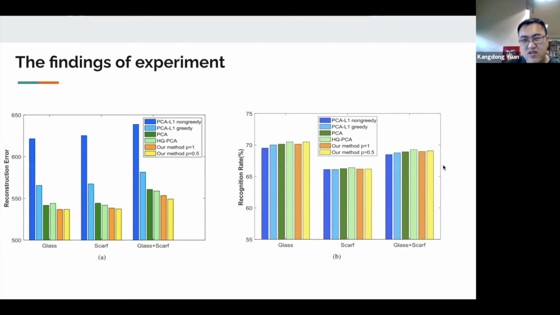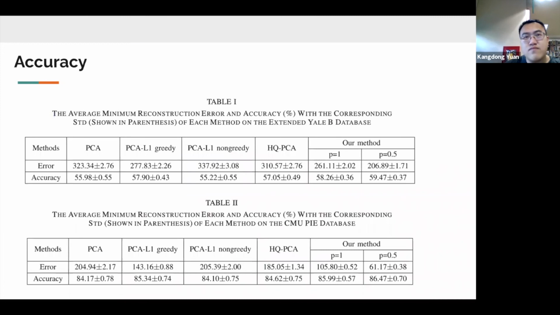And for accuracy, we can see the L2 norm PCA with P equal to 0.5 gets the highest accuracy, around 60, but the L1 norm PCA gets 56 or 55 in the first table, in the first dataset.